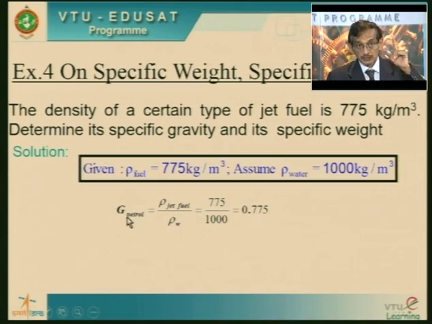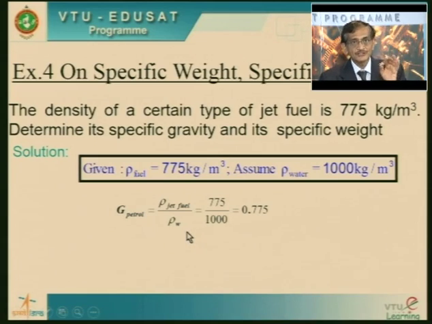Repeat, the specific gravity is defined as density of the liquid divided by density of water. Now, what stops you? 775 is the density of the jet, which is given in the numerical, and divide by 1000, you get the value as 0.775. Definitely this is a very straight problem.